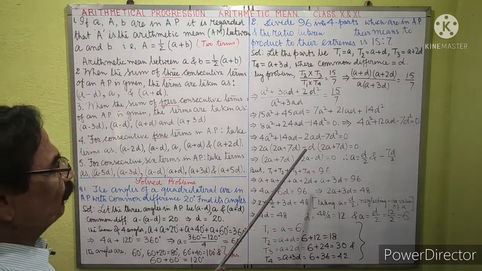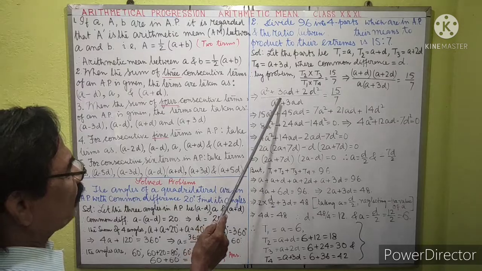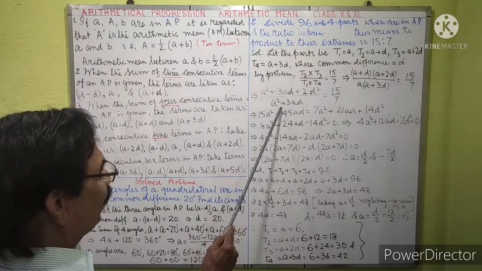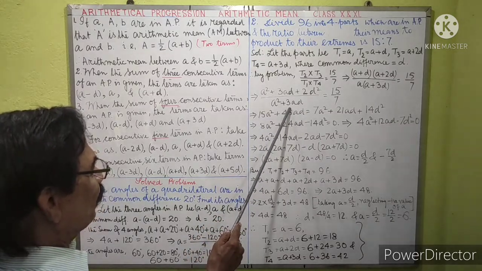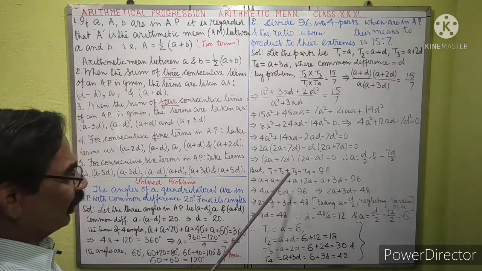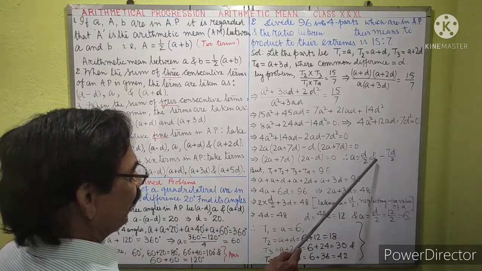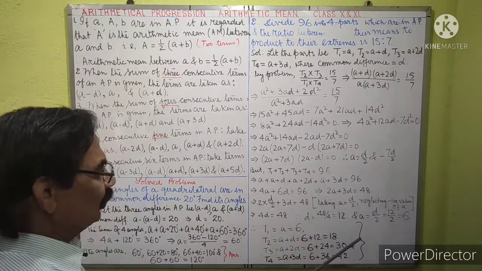So we get an equation like this: (a square plus 3ad plus 2d square) by (a square plus 3ad) equal to 15 by 7. By calculating we get a equal to d by 2 and a equal to minus 7 by 2.